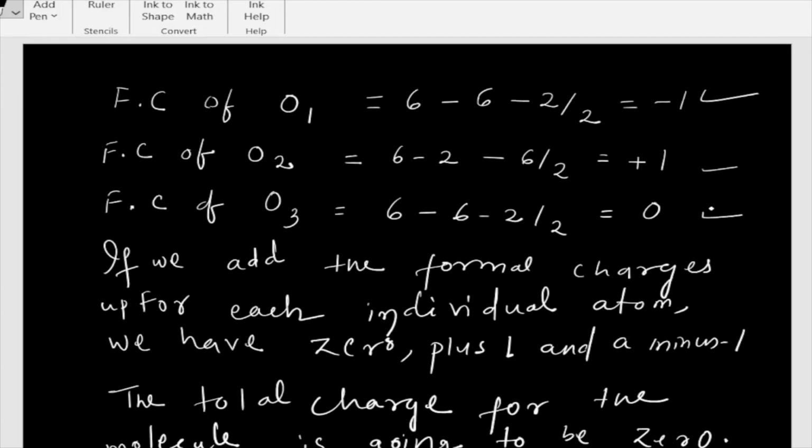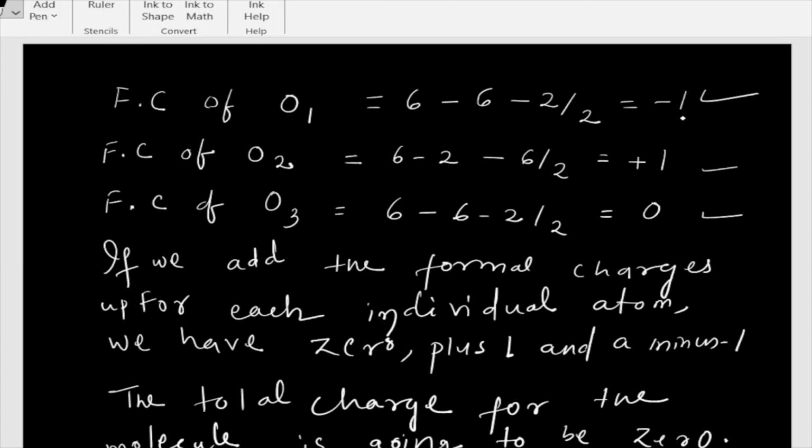And so what happened if we add the formal charges for each individual atom? If you add the formal charge for each atom, then what value do you get? That is 0, plus 1, minus 1. In every case, for two structures, you can find one oxygen is minus 1, second oxygen plus 1, third oxygen 0.